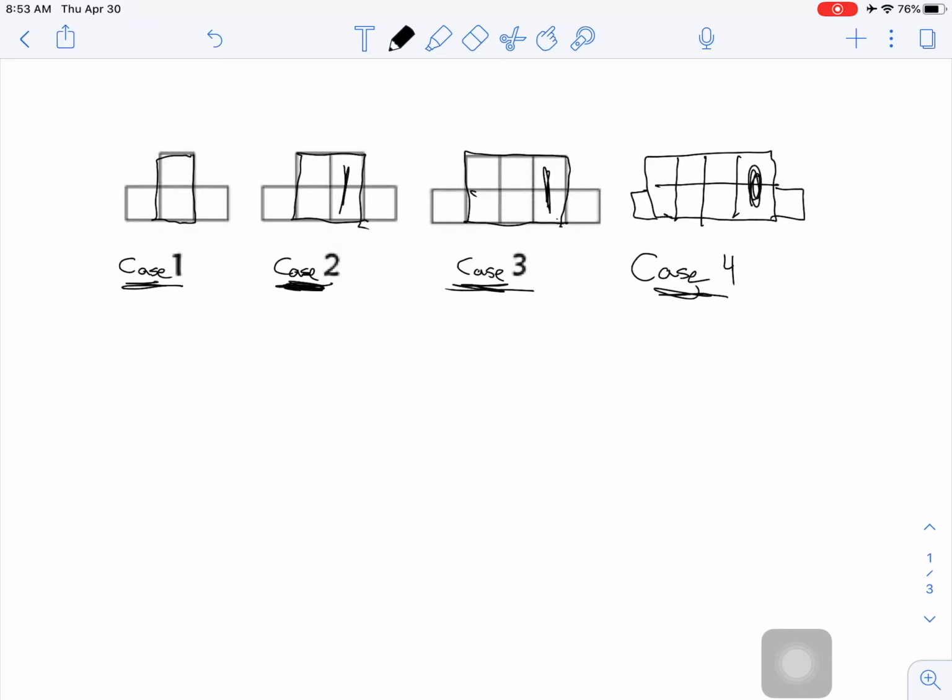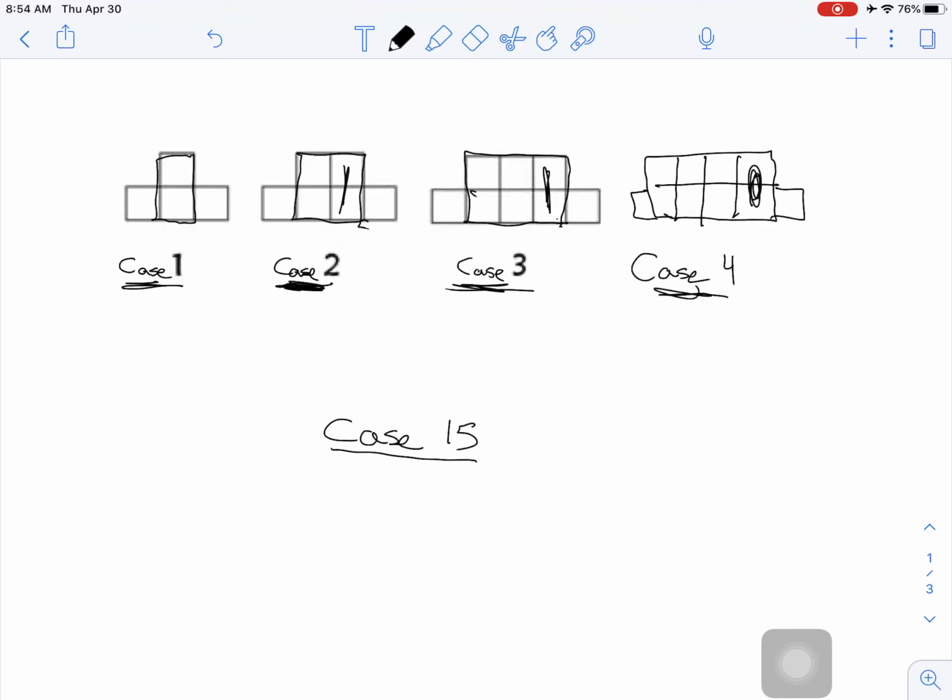Now, the question says, well, what about case 15? Do you folks know what case 15 would look like? If cases 1, 2, 3, and 4 look like this, what would case 15 look like? Now, we could draw out case 5, case 6, case 7, and so on all the way up to 15, but I noticed the pattern.